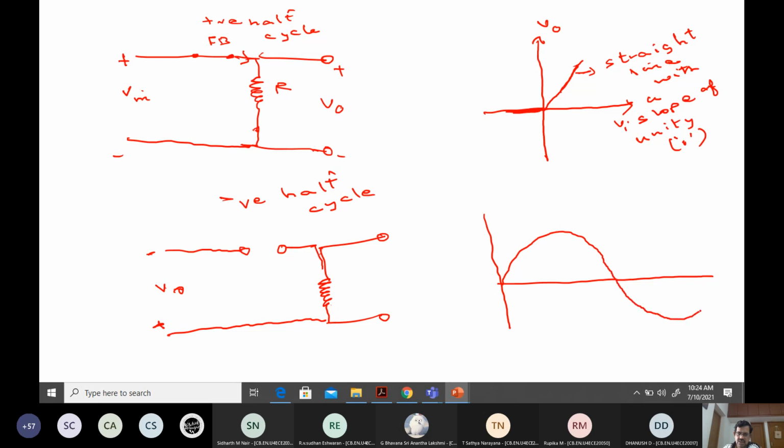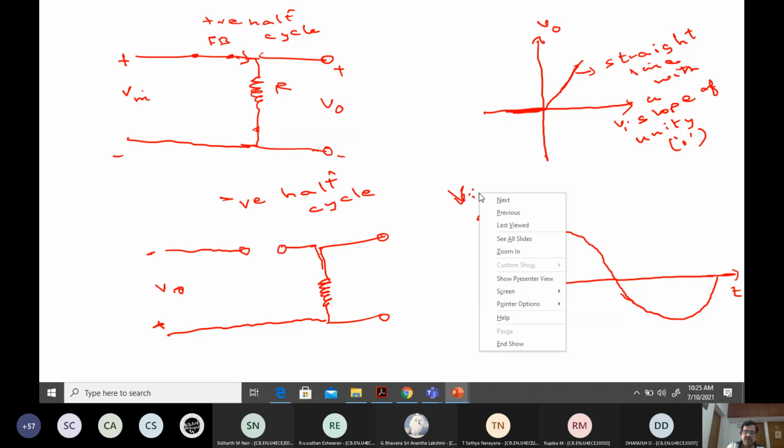This is my input. Assume that it is symmetric with respect to the center line, and this is my input signal Vi. I use a different color to make you understand that the output is always drawn with the blue color.